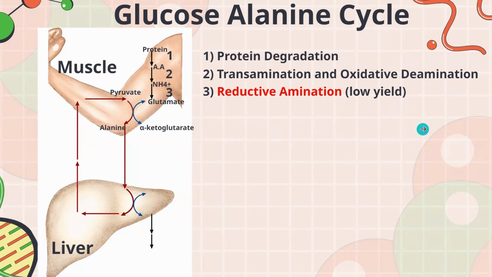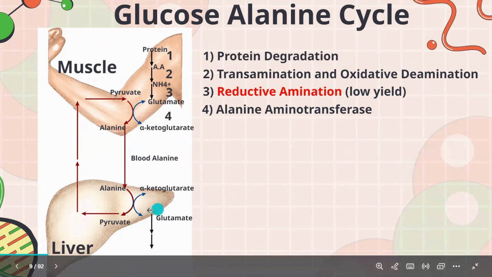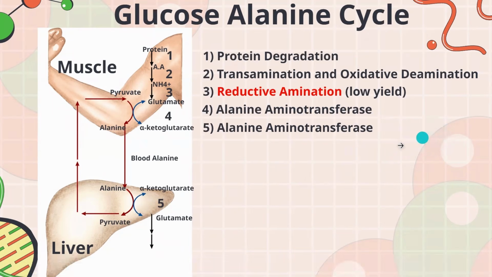Basically, it just uses ALT, or alanine aminotransferase, and then it continues through the blood and travels as blood alanine, eventually arriving at the liver itself with alpha ketoglutarate. Then it's going to regenerate pyruvate and glutamate, also through ALT.